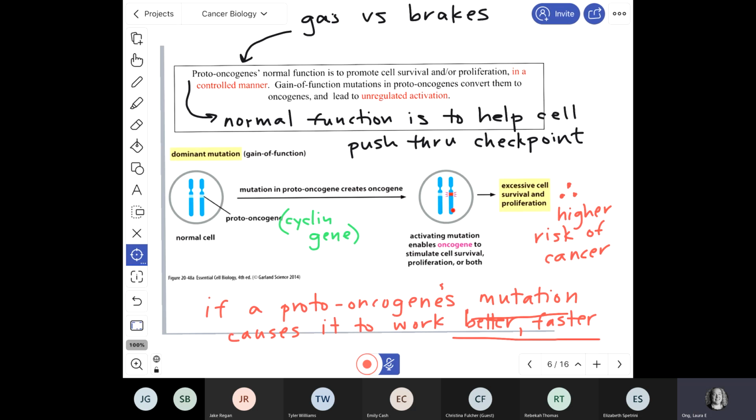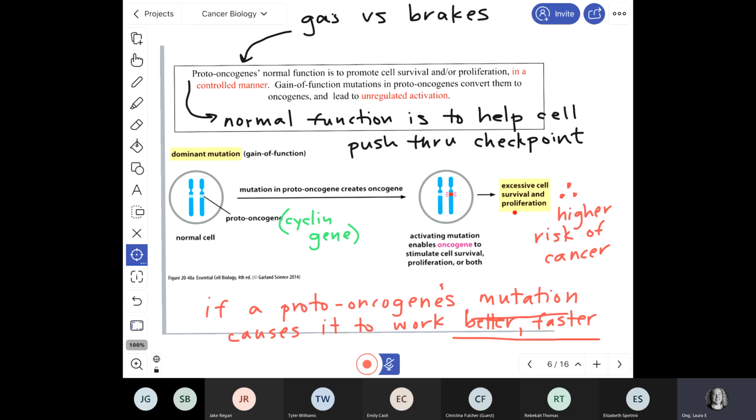That waitress or waiter could be activated. Just having one that's overactivated is going to give you significantly more waiter activity and get the job done better. That would be like a proto-oncogene.